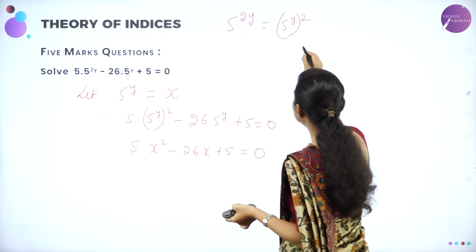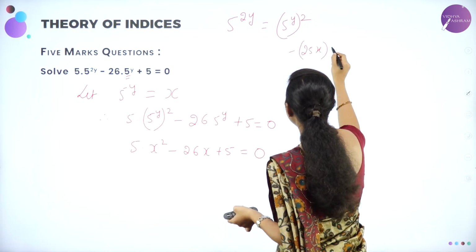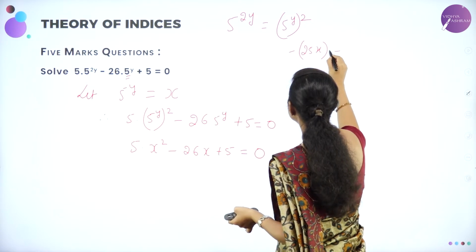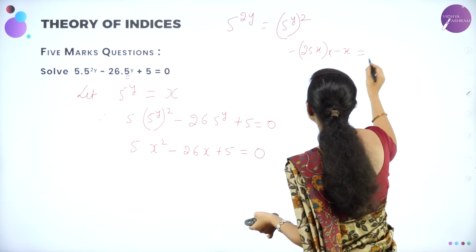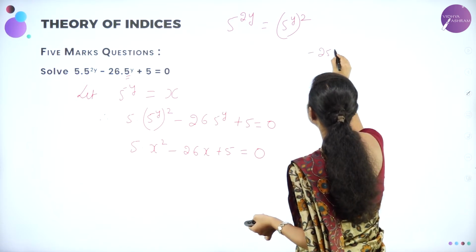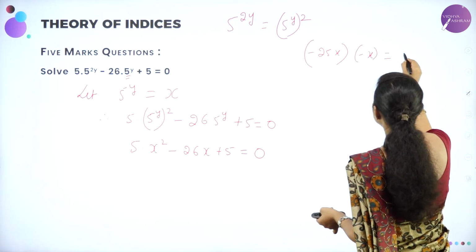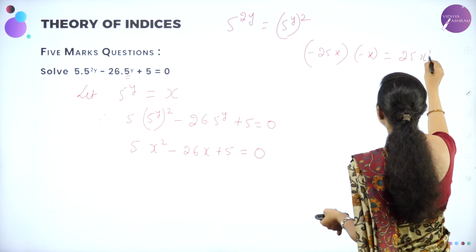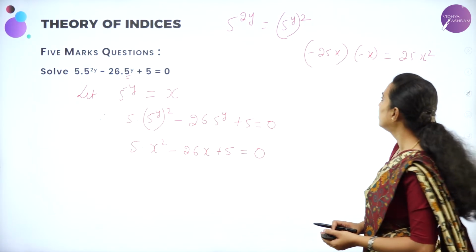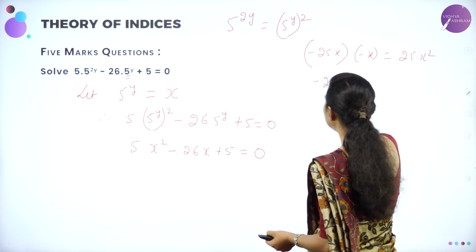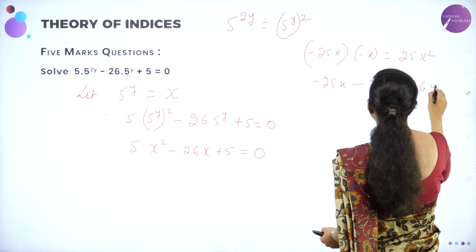Minus 25x into minus x will be equal to plus 25 x squared, because 5 5s are 25 x squared. Now minus 25x minus x will be equal to minus 26x, correct?